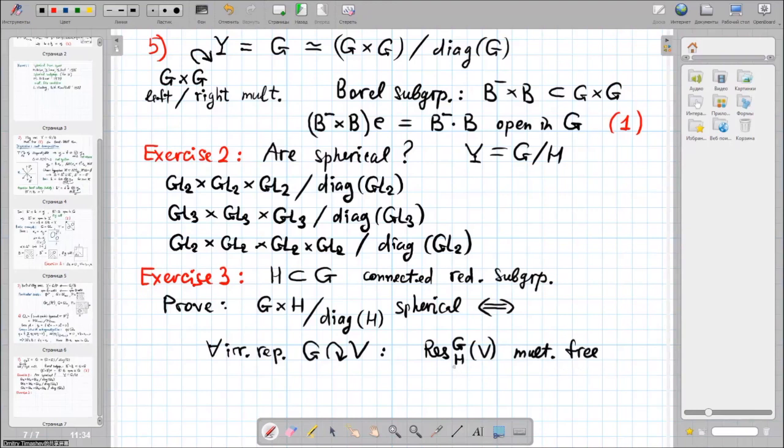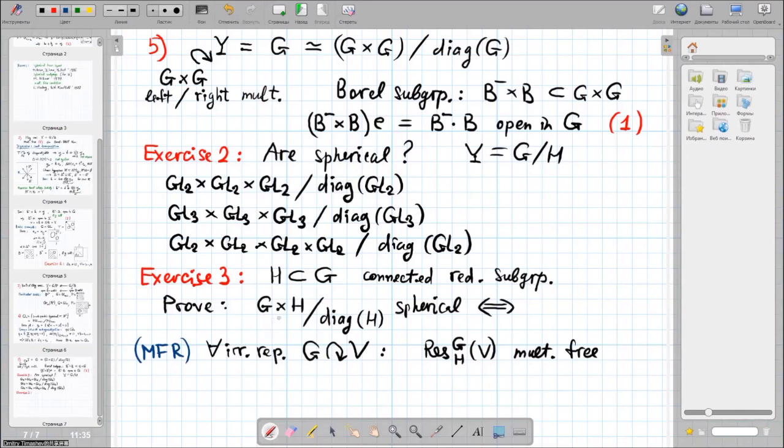That is, if you decompose the restriction of this G module to H, then you get a sum of irreducible H modules, each one occurring only once in the decomposition. So the multiplicity-free property for any restriction of an irreducible representation of G to H. Let me denote this property as MFR, which stands for multiplicity-free restriction.